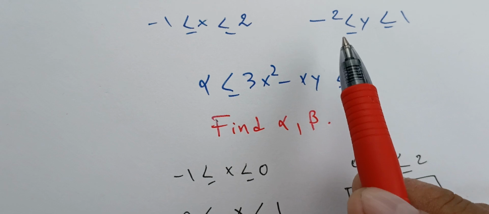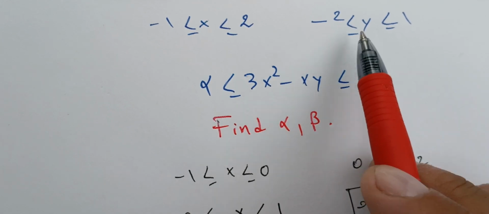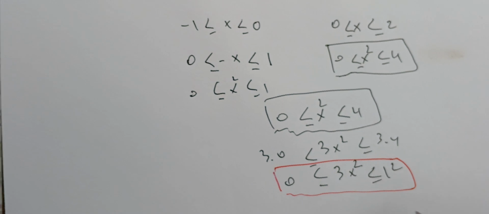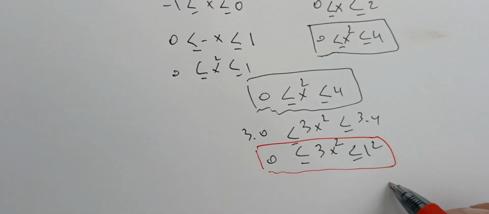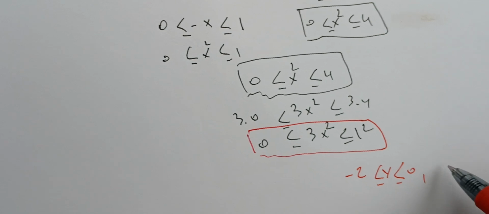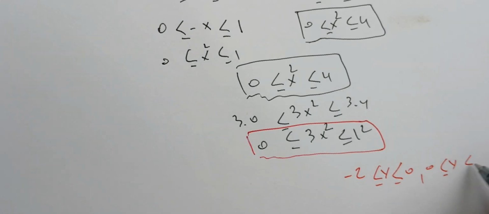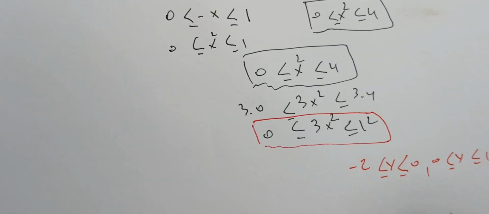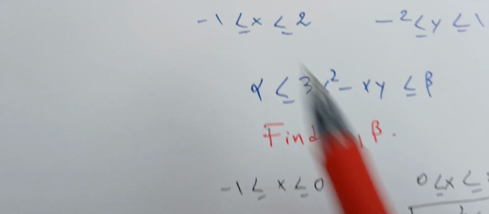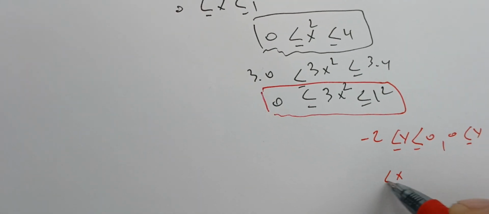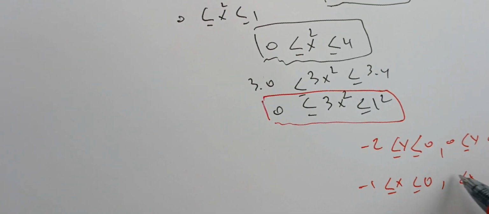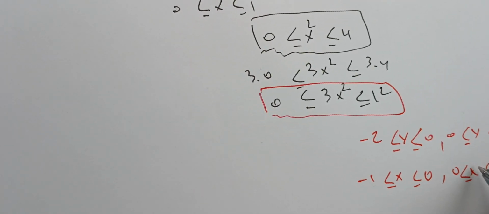So we're gonna do the same thing here, and treat the cases. So y can be either negative between -2 and 0, or positive between 0 and 1. X can be negative between -1 and 0, or positive between 0 and 2.